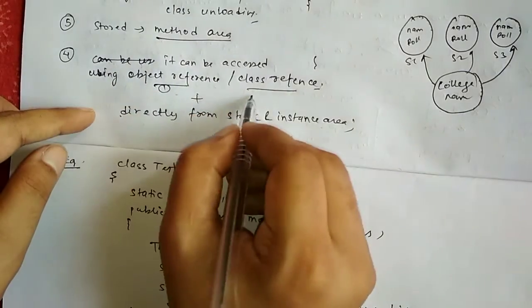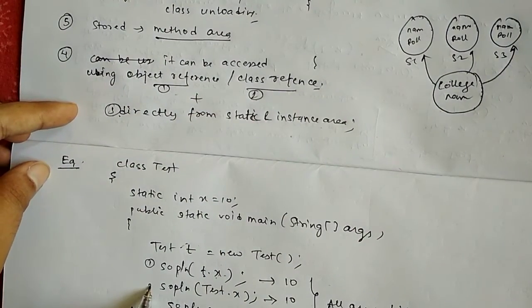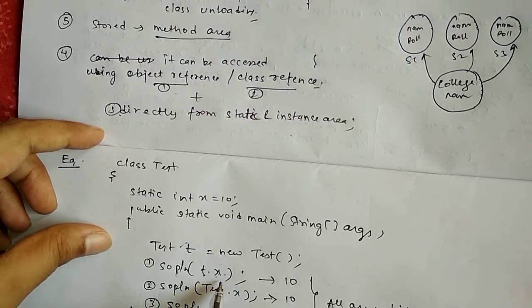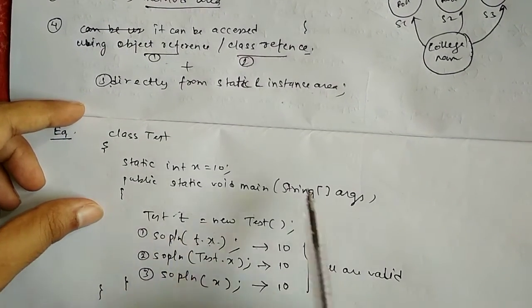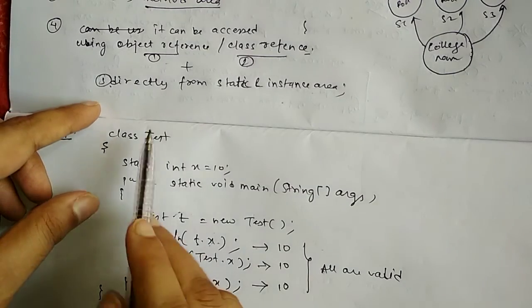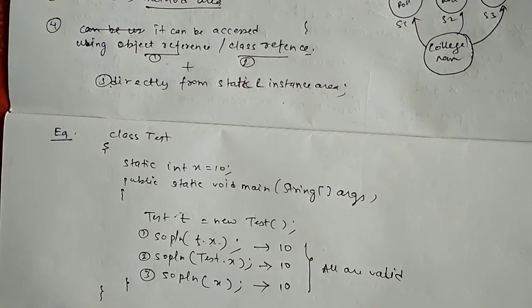This is the first, second, third. With the help of the object reference, we have referenced it; with the help of the class reference, we have called Test.x; and directly we have called System.out.println(x).